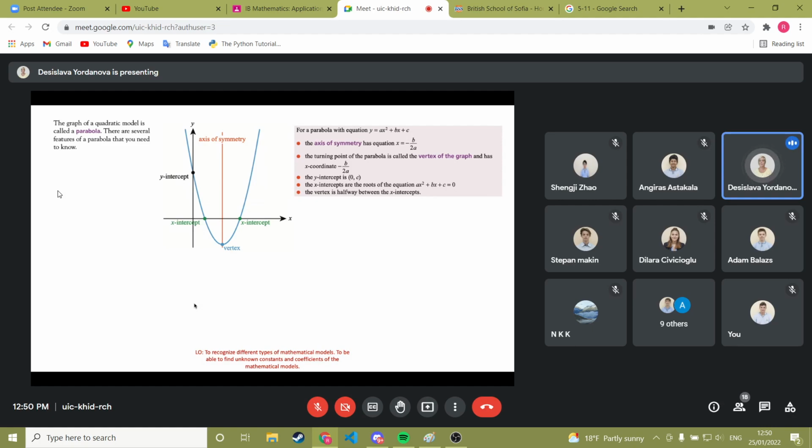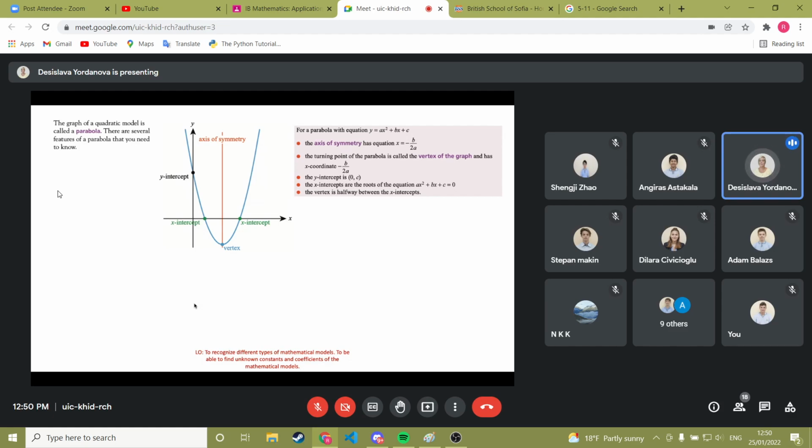Then the y-intercept is 0 and c, because we always find the y-intercept by substituting x by 0. And when you put 0 for x in the equation, you will have that y equals c. So the y-intercept is 0, c. The x-intercepts are the roots of the quadratic equation ax squared plus bx plus c equals 0.